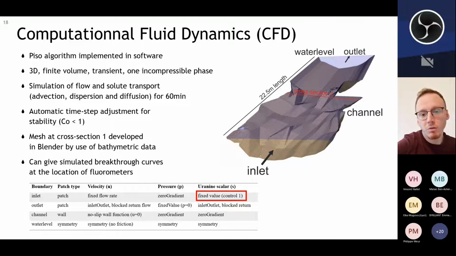I used the breakthrough curves of the control fluorometer to make the model simulate a progressive arrival of tracer at the inlet boundary. So this allowed a simulation of the tracer cloud reaching cross-section 1, which is 15 meters downstream of the inlet boundary.